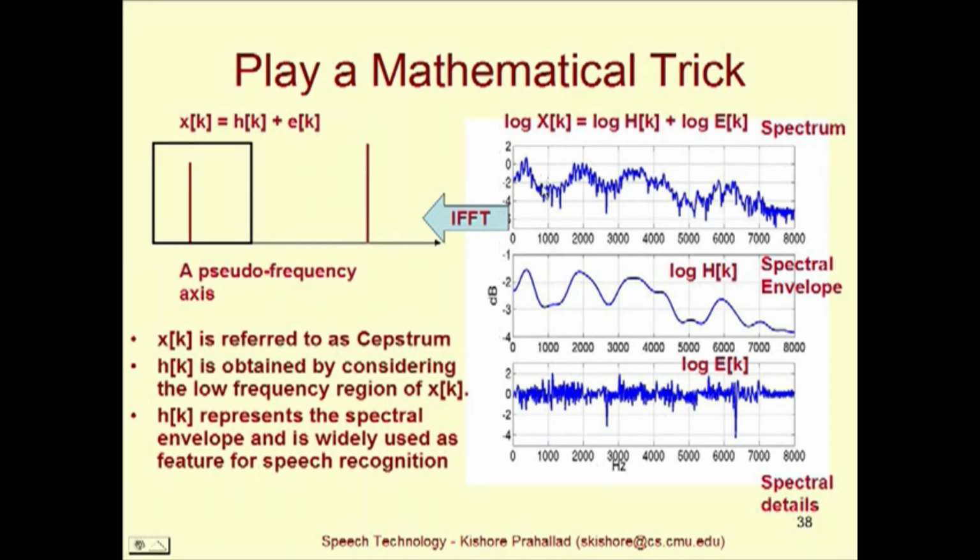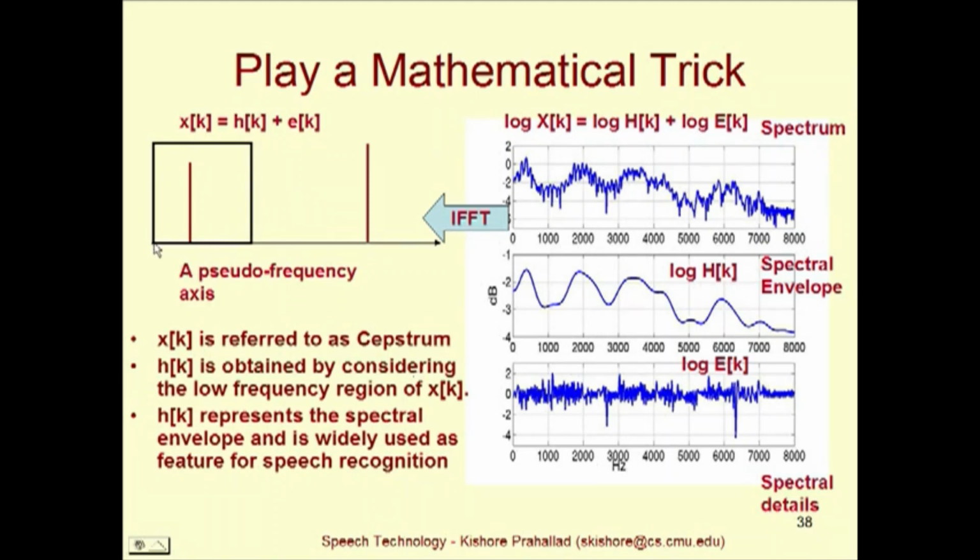So this is the intuitive analysis of how to get the spectral envelope. You take the log spectrum and then take the IFFT of it, and this is the pseudo frequency axis, and then you get the x of k. Once you get x of k, the interpretation is that the low frequency region of x of k represents the spectral envelope and the high frequency region represents the spectral details.